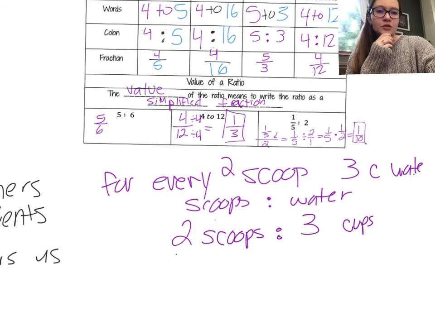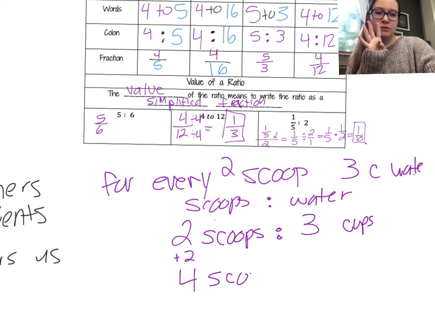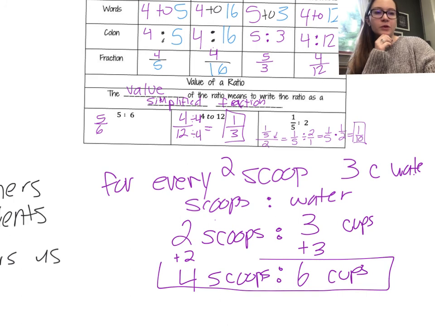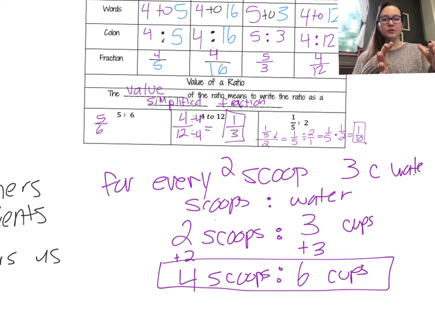Okay? So if I wanted to add 2 more scoops and have 4 scoops total, I would have to add the same ratio of water. So I'd have to add 3 cups of water to get 6 cups total if I wanted to double the recipe. So that's kind of what the ratio is. It's saying that I want these amounts to have the same relationship, right? If I didn't add enough water, it's too strong.